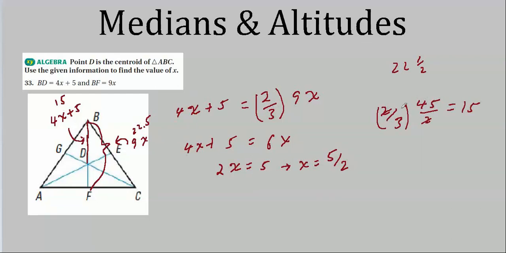Now we can cancel the 2's. 3 goes into 45 15 times, so 2/3 of 22.5 is 15. It appears we got the right answer. The value of x is 5 over 2, or 2.5. That wasn't bad. You just have to recognize what it means when you say that this is the centroid.